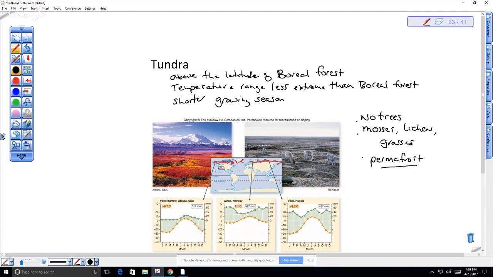I didn't get a picture of this, but you can see that some of these big round holes that are forming way up high are actually due to the thawing of the permafrost. This is important for climate change. So permafrost is found in the tundra regions.